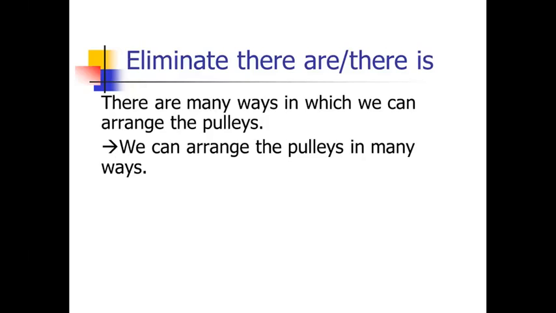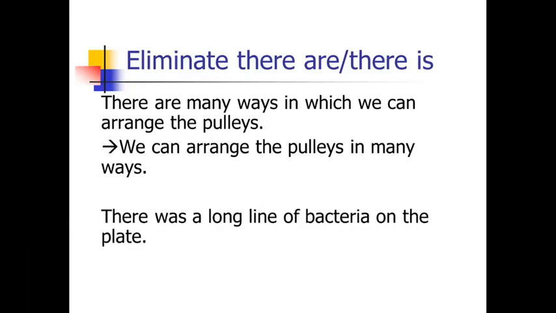A lot of times there's a better verb there, or maybe you don't need the verb at all. Here's another example. There was a long line of bacteria on the plate. How can we get rid of the there was? How about just bacteria lined the plate? You can see by getting rid of the there was, we get a much more exciting verb, lined, rather than was.